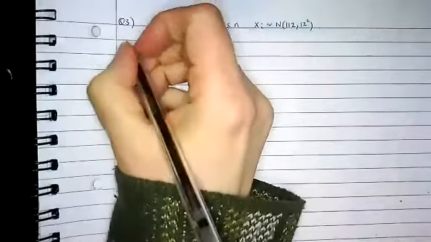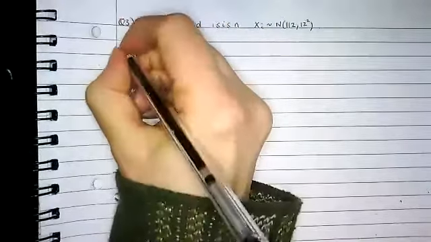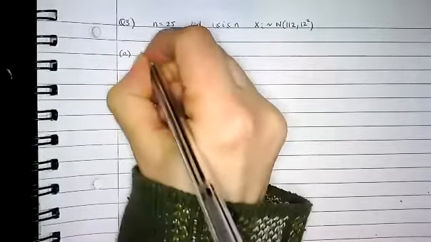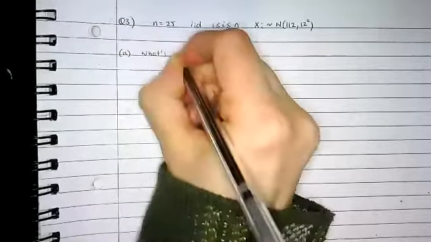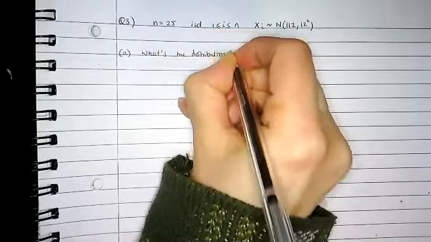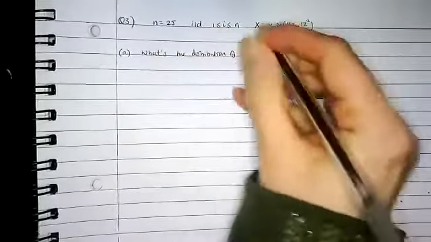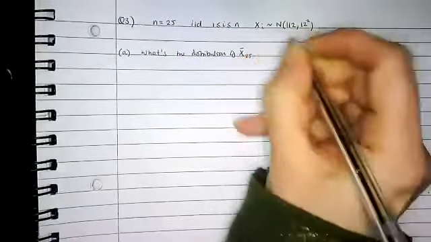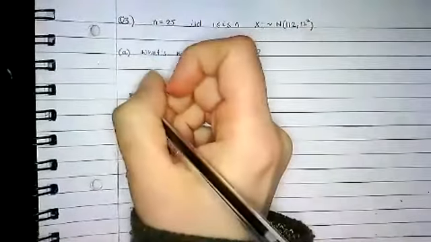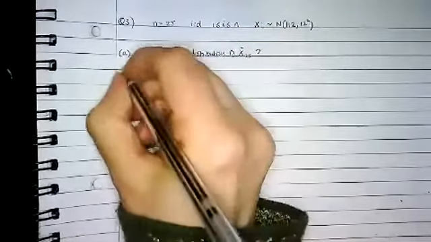Okay. So the first thing I was asked was a little bit of bookwork. You should have just been able to look this up, which was what's the distribution of the sample mean? So what's the distribution of x bar 25, the mean of all of these x's that I've been given in the question. A key thing to remember is that it's a normal distribution.